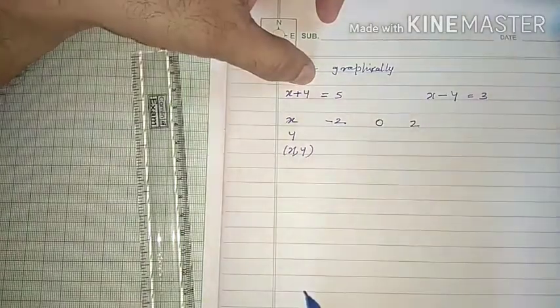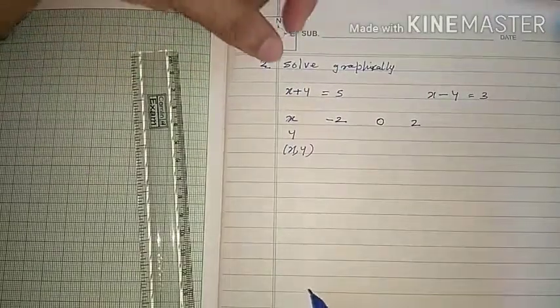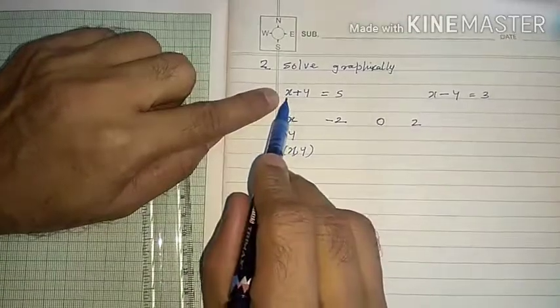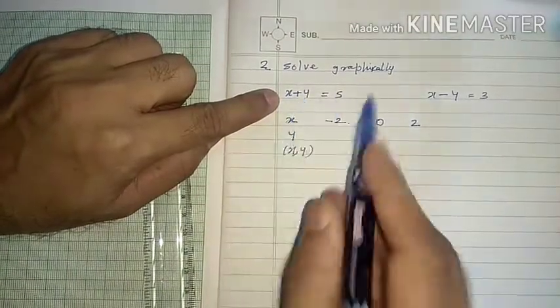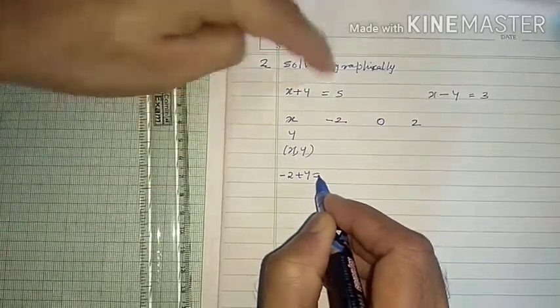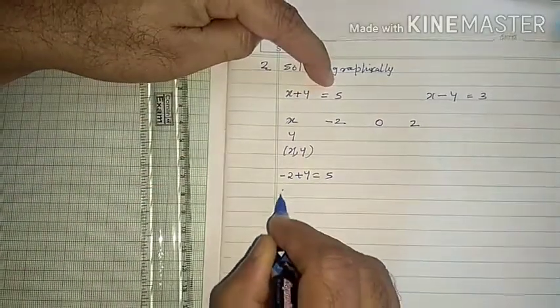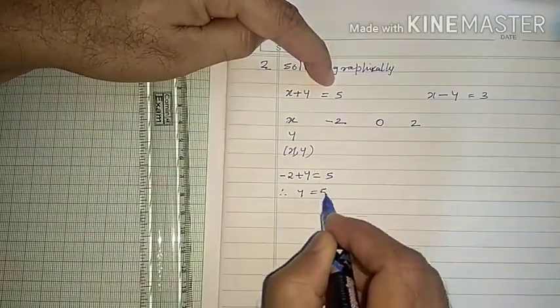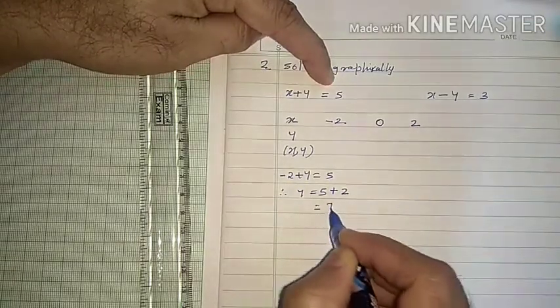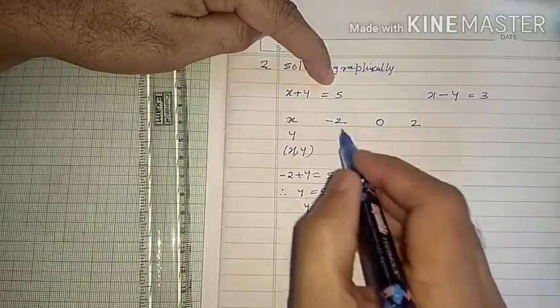Accordingly we can take y values. You can take any values easily. Okay. If x is minus 2, minus 2 plus y equal to 5. Therefore, y equal to 5, minus 2 goes the other side as plus 2. It is 7. Y equal to 7.